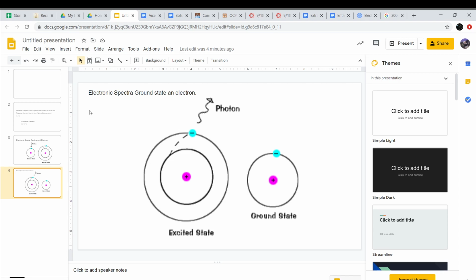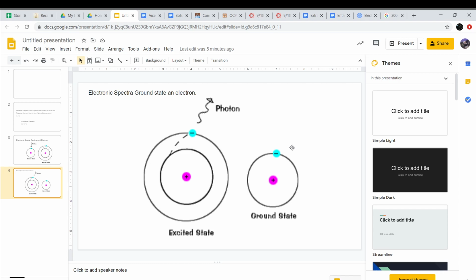So imagine that we're trying to make a blue light. Well, we can find some element that, when its electron goes from an excited state to a ground state, releases blue light. And that's how we manipulate different elements to make different types of light.